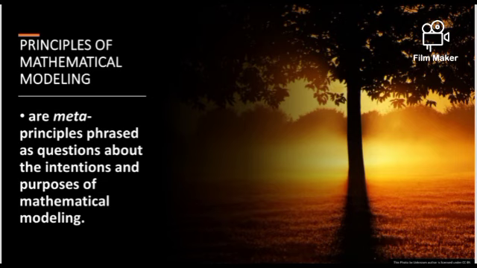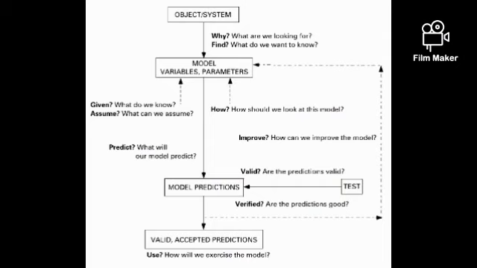These meta principles are almost philosophical in nature. This is the visual representation of the basic philosophical approach. These methodological modeling principles are also captured in the following list of questions and answers.